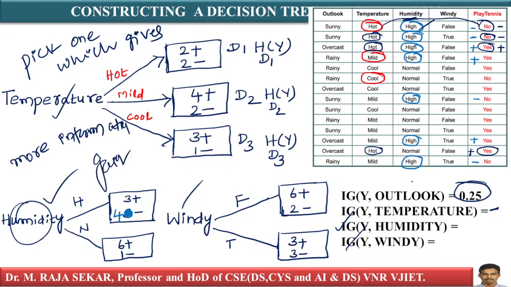If you observe, you will get the maximum information gain. You will get some number here, some number there, but out of all these numbers, let me assume you will get 0.25 is the maximum. All other information gain values are less compared to this information gain of class label Y with respect to Outlook, isn't it? I will get Outlook as my first variable.